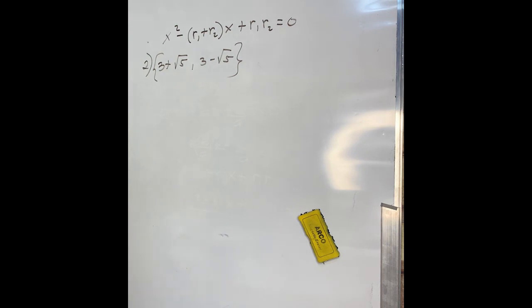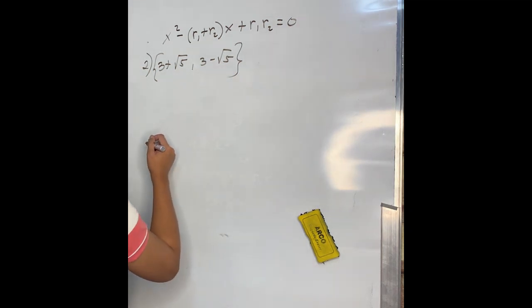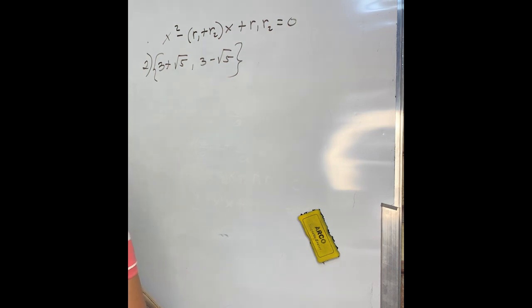Now let's have 3 plus square root of 5 and 3 minus square root of 5. Let us identify the quadratic equation by using the formula x squared minus r sub 1 plus r sub 2, x plus r sub 1 times r sub 2 equals 0.